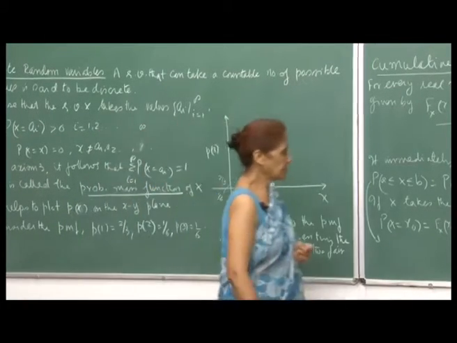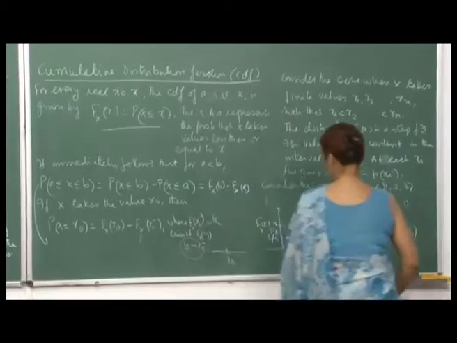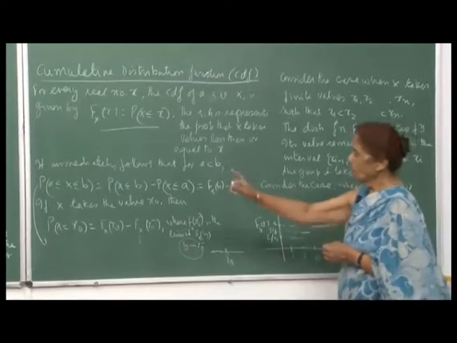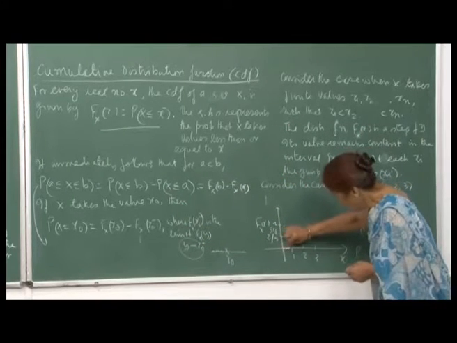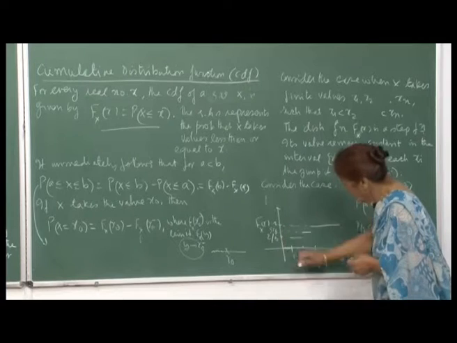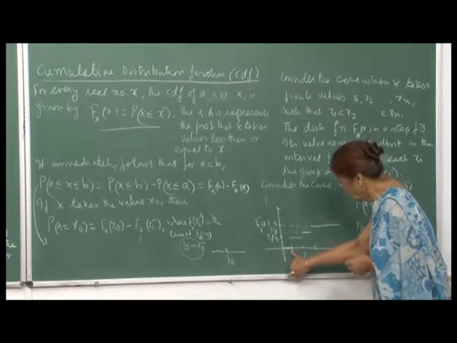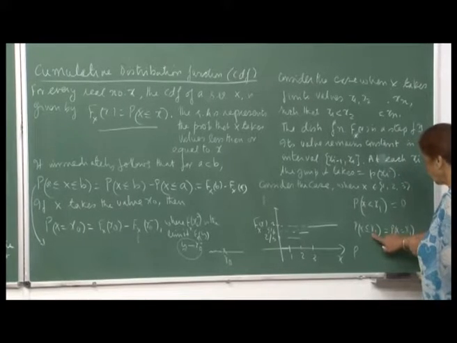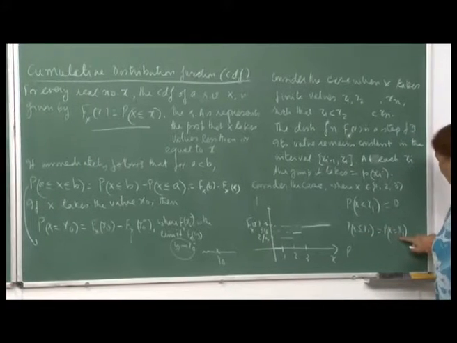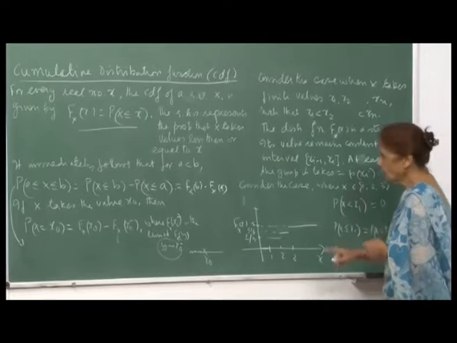Therefore, if I want to draw the CDF for that random variable, it is 0 till at the point 1 it takes a jump, because at point 1, when x1 is 1, this will be equal to probability of X equal to 1, which is 2 by 3.